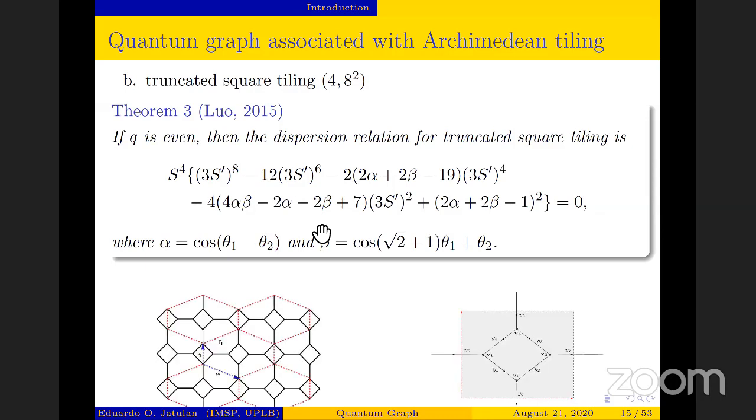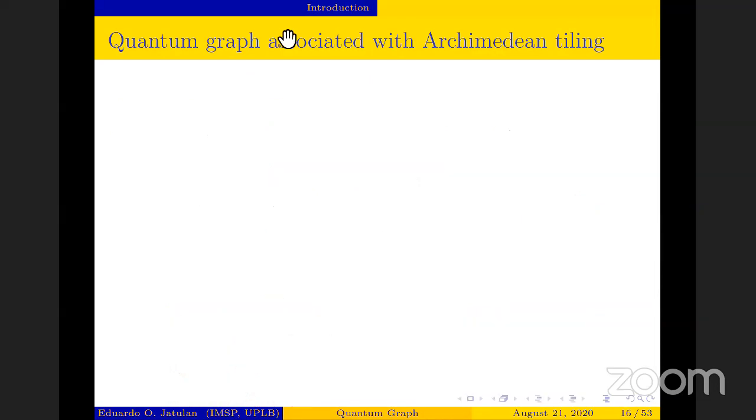But he considered this fundamental domain, whereas our goal in this talk is to consider, as much as possible, the simplest fundamental domain. So in that case, we consider this one.